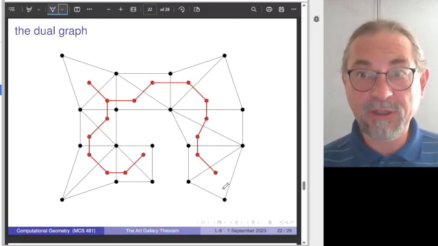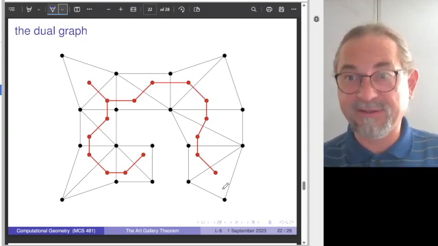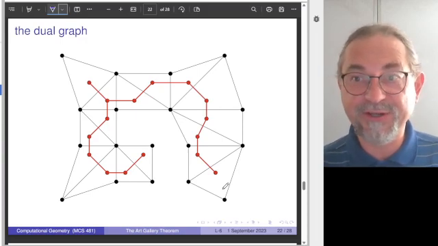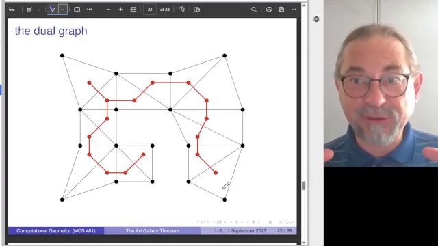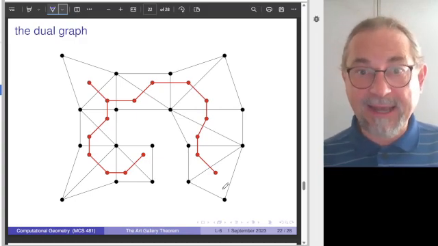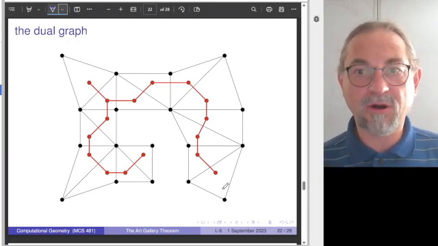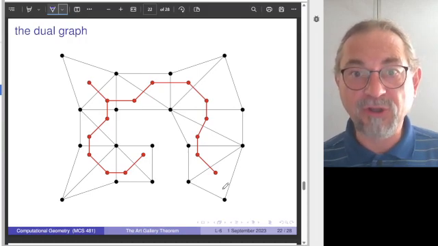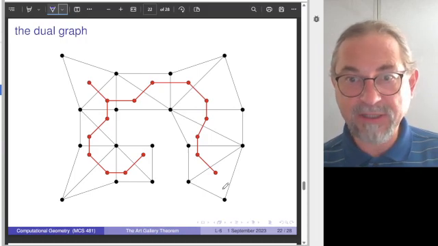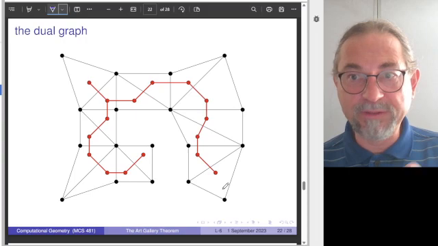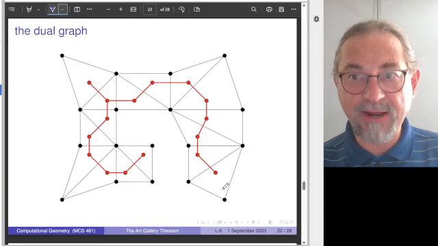So here is the notion. Every convex polygon is a graph of vertices, just a simple circle going both forward or backward. If you have a triangulation, you can define the dual of the triangulation. So you can identify with every triangle a vertex, and with every two adjacent triangles an edge.